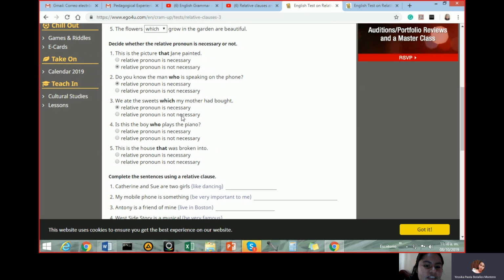In this case, it's not necessary. Why? Because my mother is the subject and the sweets are the object. We can say, "We ate the sweets my mother had bought." So we can apply that it is not necessary.